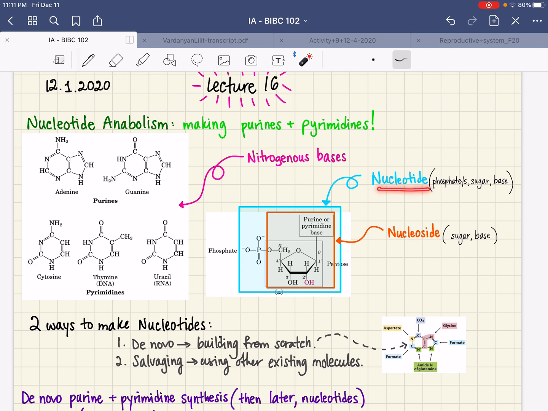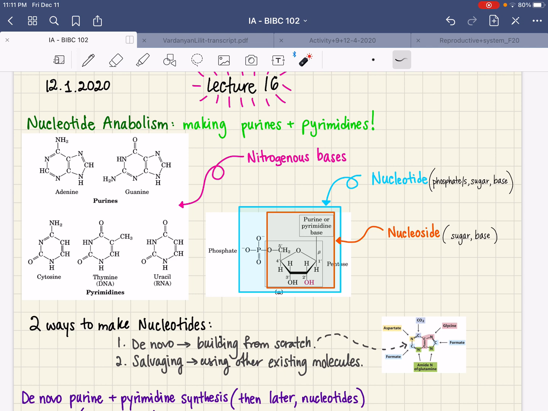Nucleotides are used in DNA, RNA. They are used for energy storage, like ATP, adenosine triphosphate, is a nucleotide. They are also used to activate other molecules. For example, if you remember back in glycogen synthesis, we use a molecule of GTP, guanosine triphosphate, to activate a molecule of glucose.